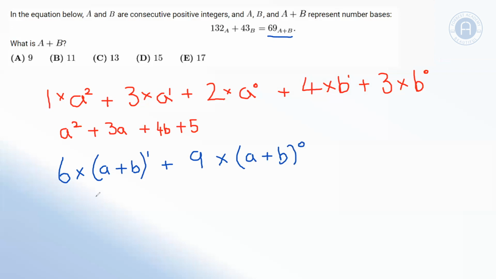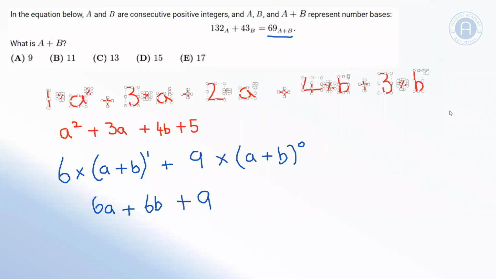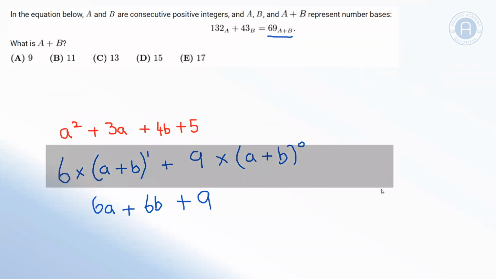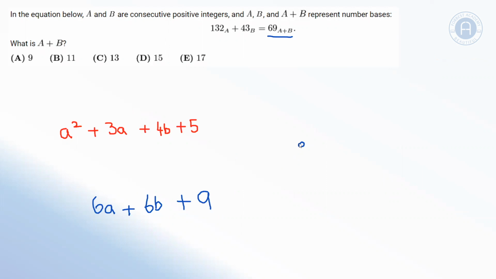And again, if we simplify that down, we've got 6A plus 6B plus 9. We're told that these are equal to each other. So if we get rid of my working out here, we can set these equal to each other and look at trying to solve this equation.